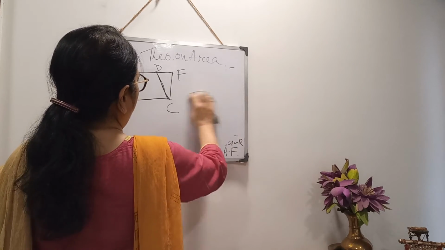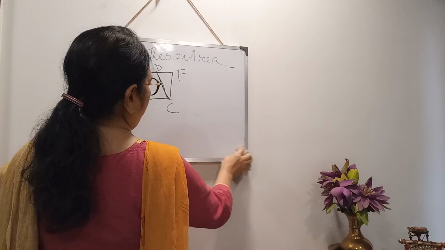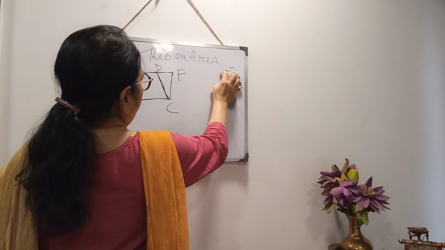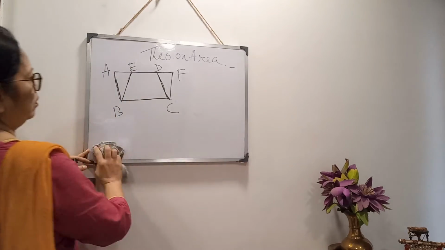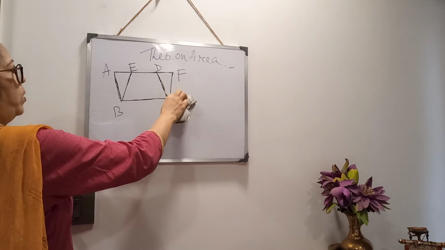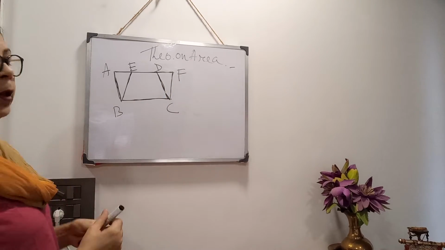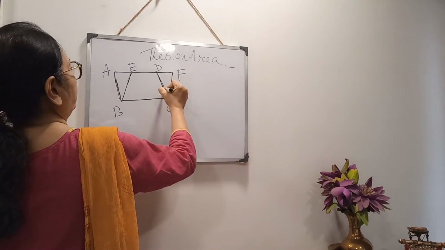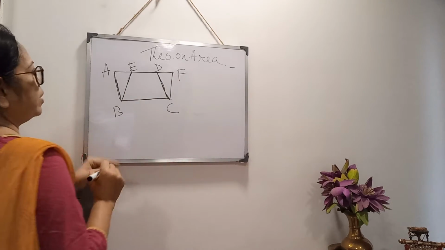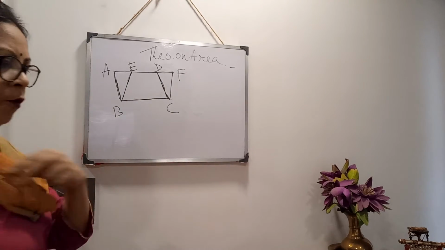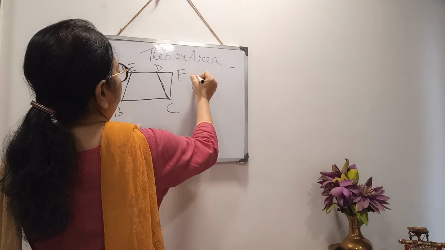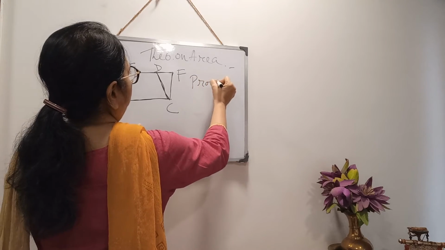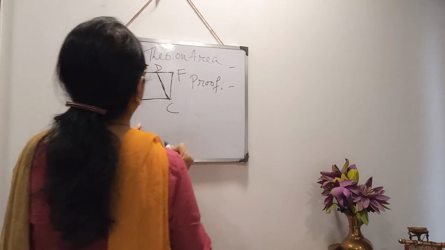How it is given in the book, you will give the full proof in that way, so that you will get full marks. Now I am just explaining. I am not writing the full proof. In this theorem, there is no construction.